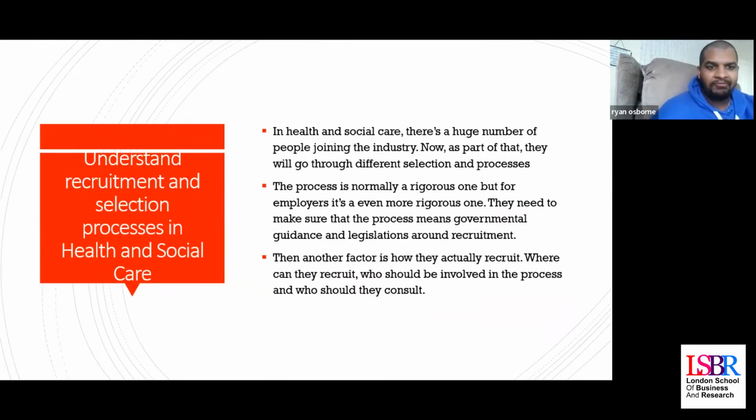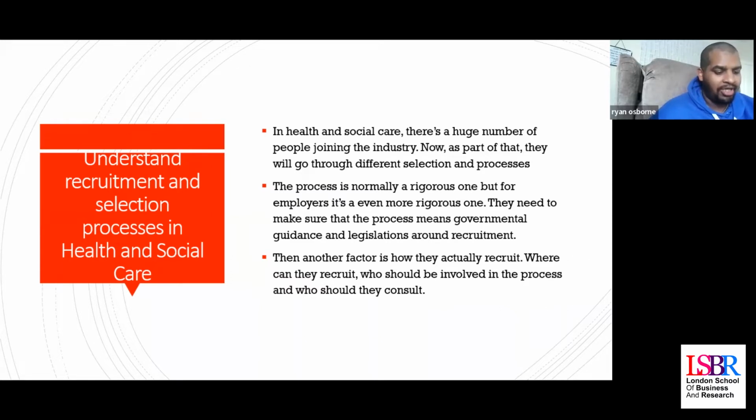So first thing we're going to be talking about is understanding recruitment and selection processes within health and social care. Within the health and social care sector, a lot of recruitment happens every single day, and the high turnover is pretty much what we are seeing now.